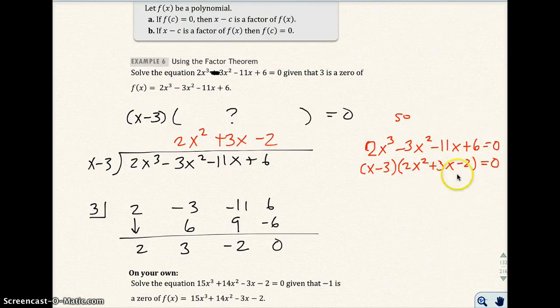So we've got to factor this. Remember, we can factor this by the AC method. I'm going to do that up here on the side. I have negative 4, and I have 3. So 1 times 4, and I need 1 to be negative. That gives me 2x squared minus 1x plus 4x minus 2 equals 0.